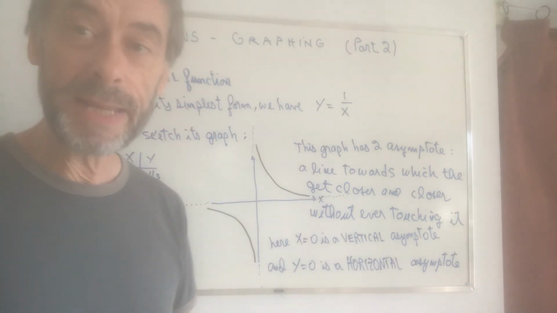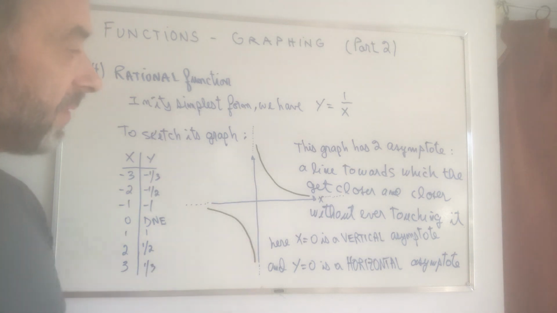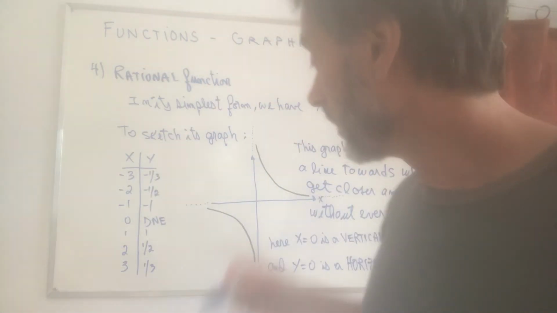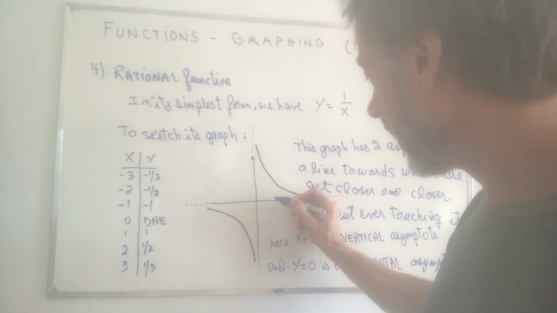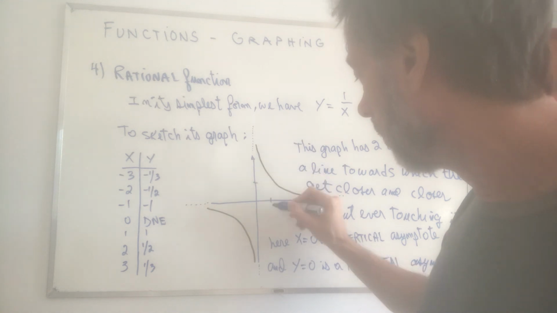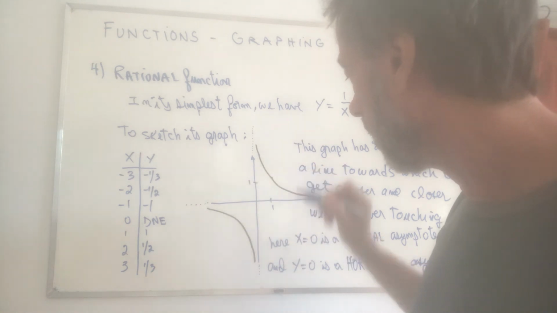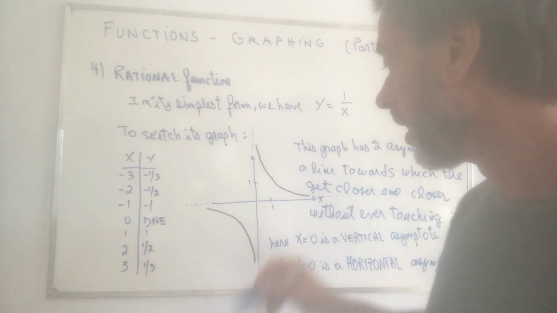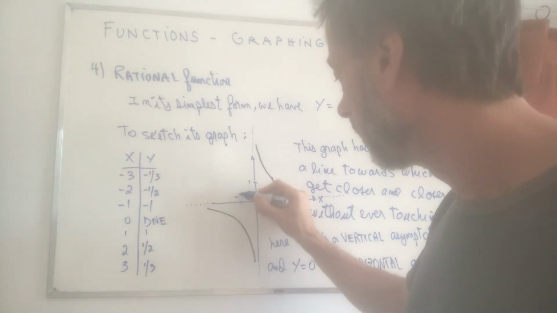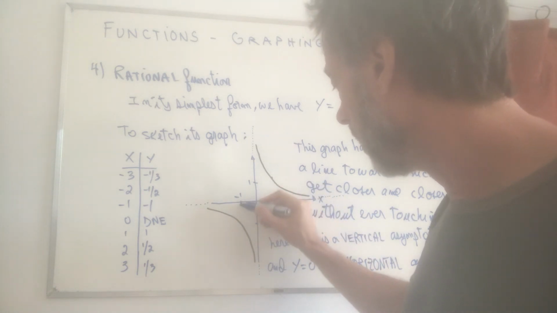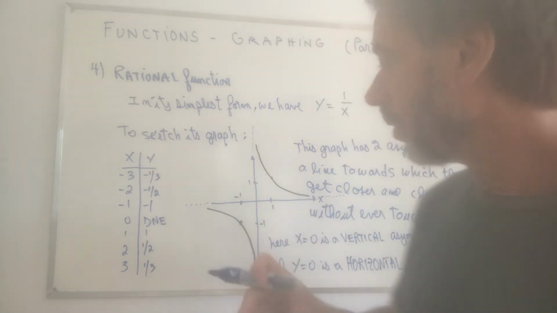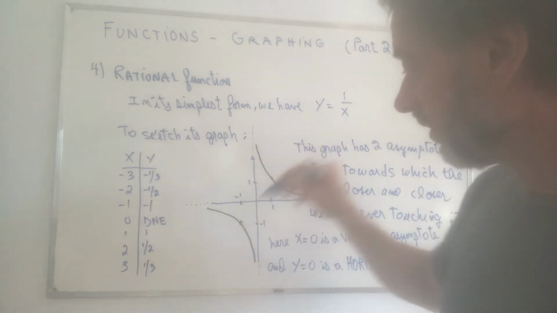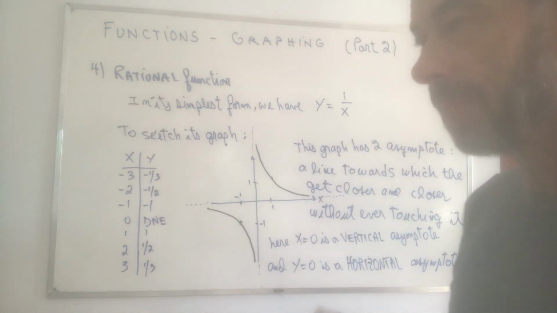So these are the main characteristics of that basic function, the rational function, with a graph that looks like this. Basically, I sketched this free-handedly, but you can probably tell, for example, that here you have the point 1, 1 on the graph, like we have here 1, 1. And here you have the point -1, -1, right here, right? So you can see that those points will actually fit this curve quite well.